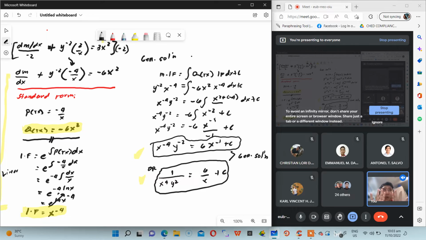The process will always be the same. That is what you should remember. What you should review, once you know the process, is your integral or differential calculus, so that when you integrate, you won't make mistakes. Most of you make mistakes there. So review your integral, your processes, methods in integral and differential calculus. Once you have reviewed that, then you will know your process in differential equations, and then everything will fall into place. Okay?